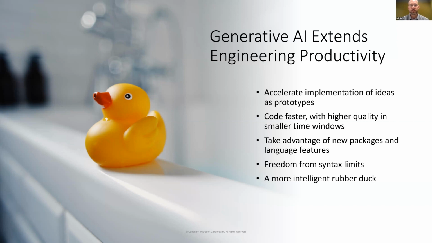And it did this because it took advantage of packages that I didn't know existed. It took advantage of language features in Python that for whatever reason I was unfamiliar with. And so we get the breadth of knowledge that's available from across the internet to be able to improve our own work. And it frees us from syntax limits. I think this is one of the ultimate goals with the co-pilots that I'm building: it allows people on my team to write English language versions of what it is that they're trying to generate.